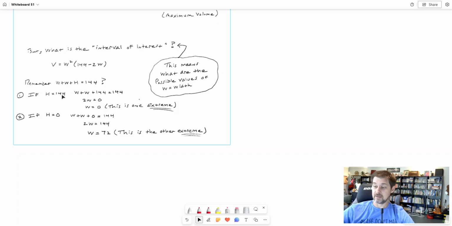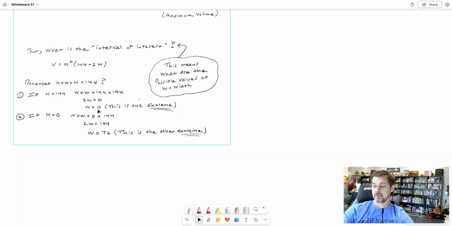I like to take it all the way to the maximum, 144. Well, say in that formula you let H be 144. Then you could cancel these 144s and get 2W is 0. Divide by 2, get W is 0. So this extreme for the height gives you this extreme for the width.